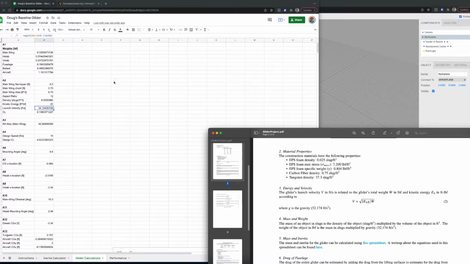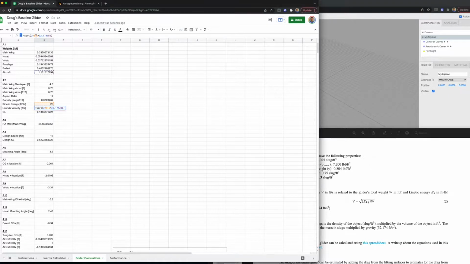So I've got the square root of 2 times B16. B16 is the kinetic energy, times gravity, which is 32.174, divided by the weight, which is B8 there. Okay, and so that tells me that I'm going to be launching at about 34 feet per second if I use the whole 20 foot-pounds for launching. So that's my 34 feet per second.